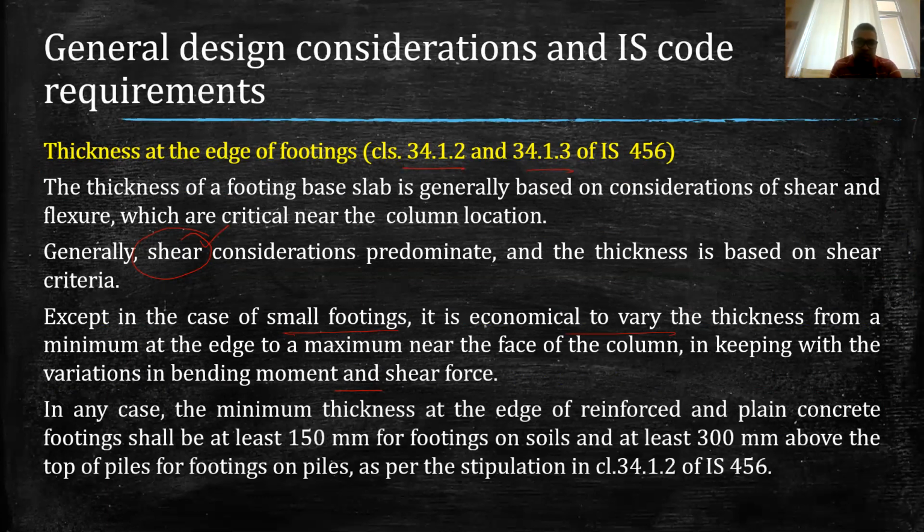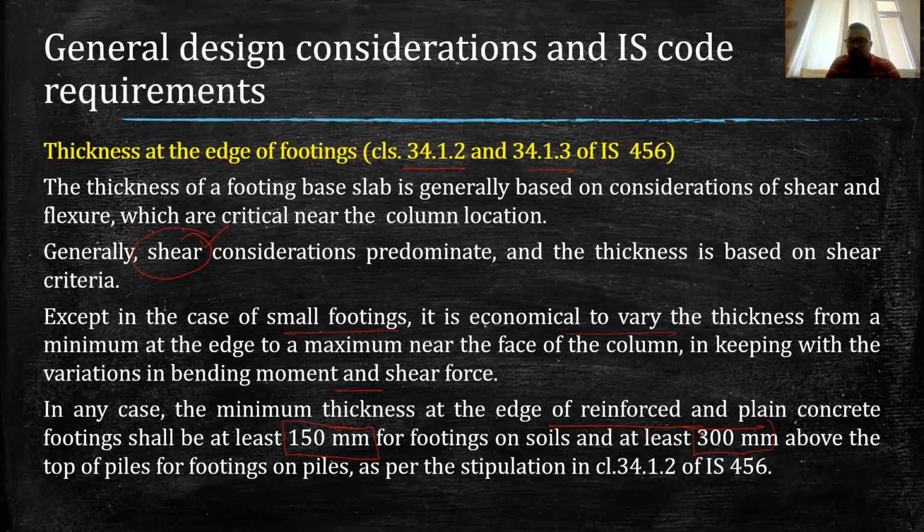Now, minimum thickness at the edge of the reinforced and plain concrete footing shall be at least 150 mm. So as per IS code, minimum thickness of the foundation should be at least 150 mm at the edge of the footing. And in case we are designing pile caps, the minimum thickness of the pile cap should be 300 mm.